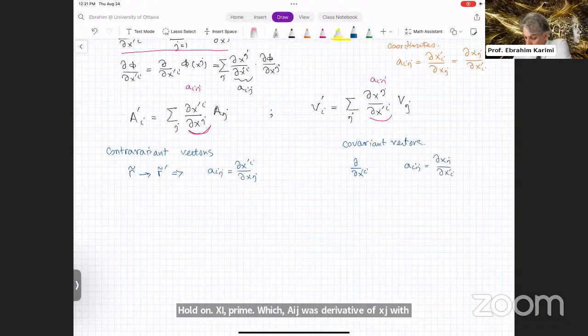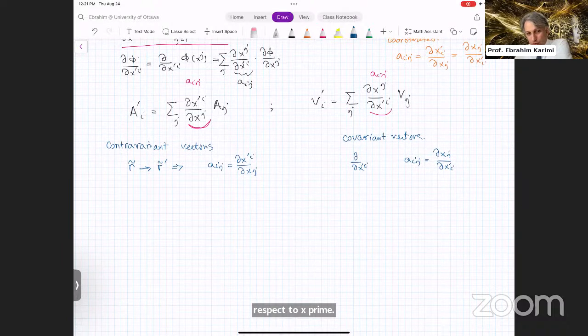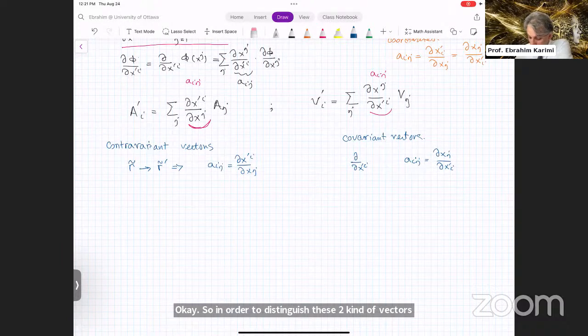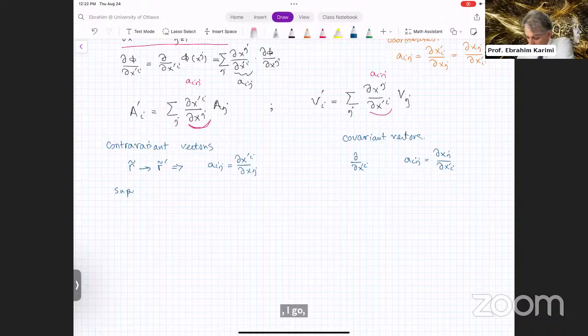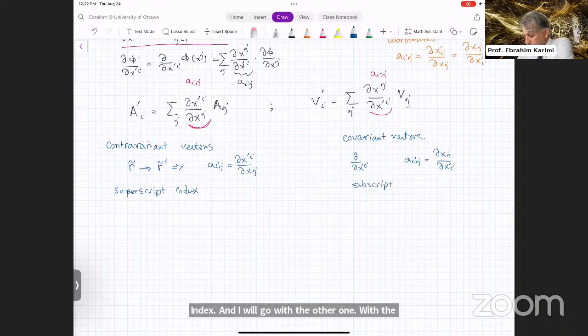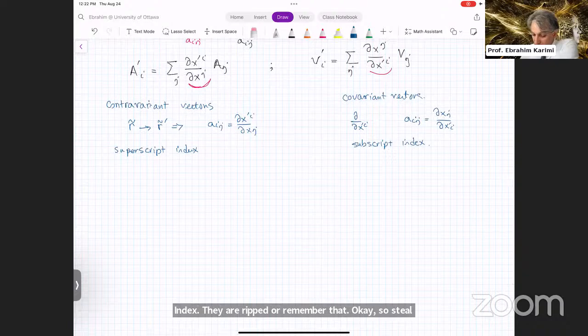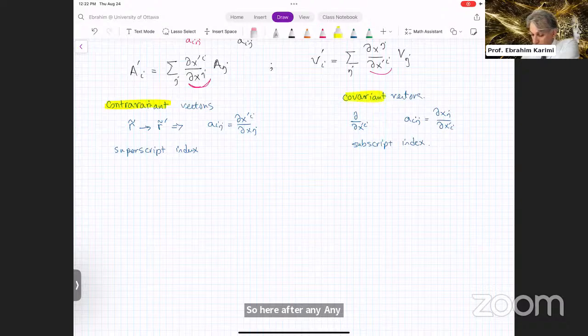Okay. So in order to distinguish these two kinds of vectors, I go with a superscript index, and I will go with the other one with a subscript index. They are vectors, remember that, okay? Still they are vectors, but I will distinguish them. So hereafter, any covariant and any contravariant vectors, I will label them differently.